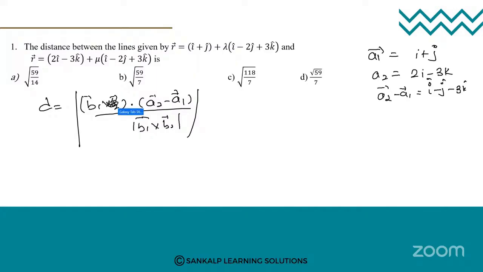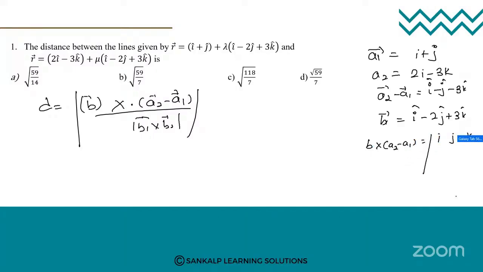So what is your formula here? B cross A2 minus A1 by magnitude of B. Both are the same, so B is I minus 2J plus 3K. B cross A2 minus A1: I, J, K; B is 1, minus 2, 3; A2 minus A1 is 1, minus 1, minus 3.